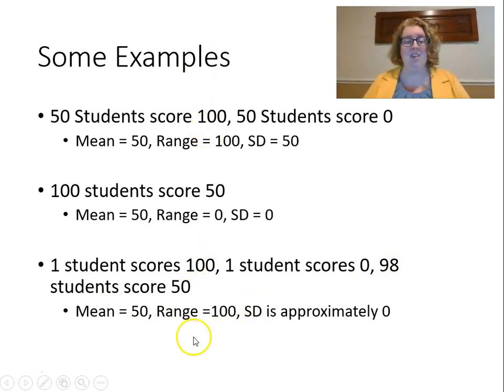So we see the same range here, but our standard deviation's approximately 0. It's really close to 0. So this gives us a different picture. So by looking at these mean, range, and standard deviations, we're seeing really different pictures of our students' data. So it's important to think about how central tendency and measures of variability can show us better pictures of descriptive statistics of our students' data.